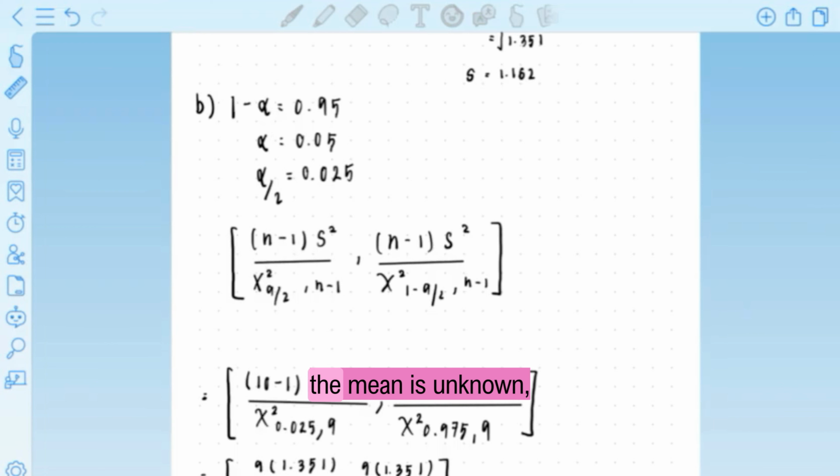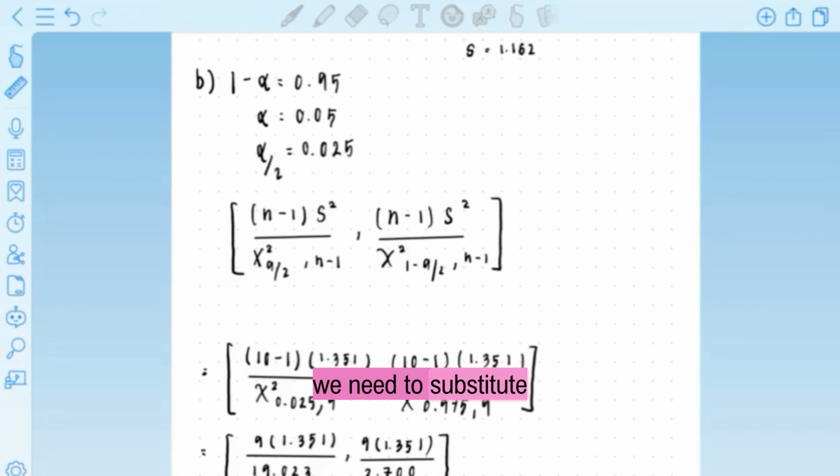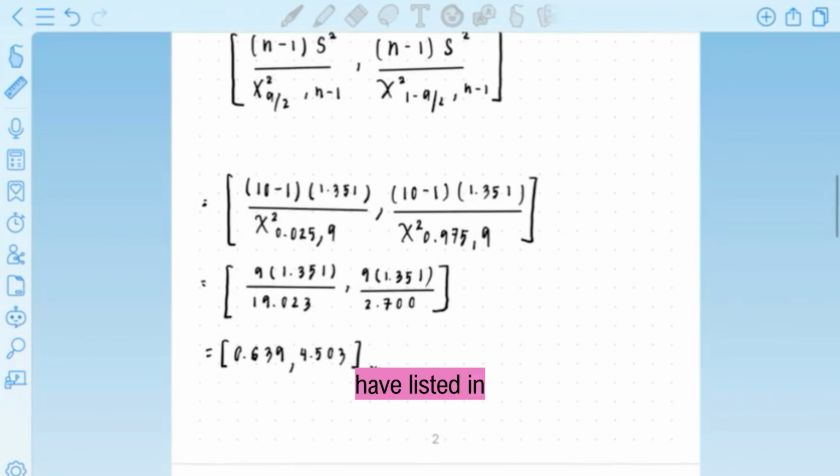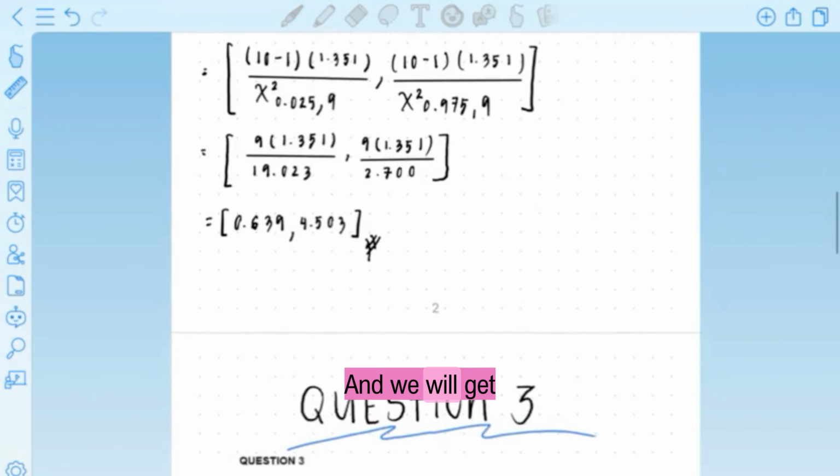Next, since the mean is unknown, we need to use the case 2 formula, which is n minus 1 times sample variance over chi-square alpha over 2 with n minus 1. So we need to substitute all of the information that we have listed in the formula, and we will get that the confidence interval at 95% is 0.639 and 4.503.